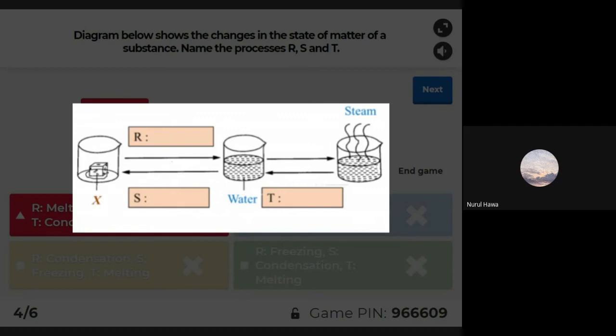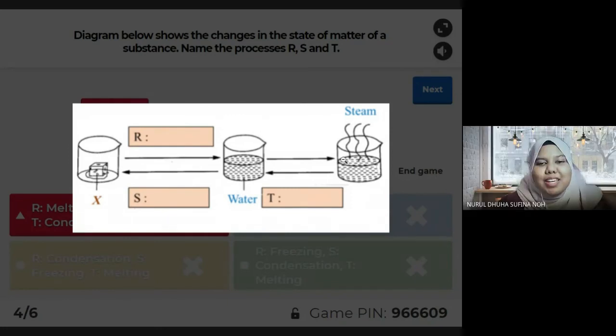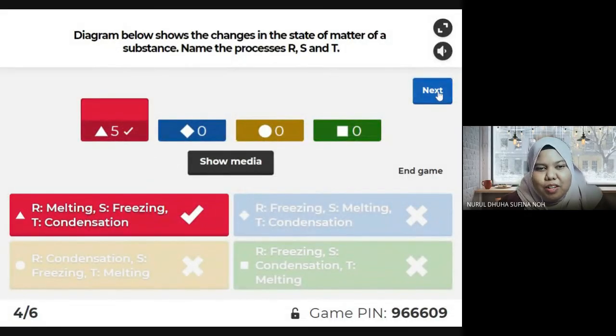So it is the melting process. While T, we can see water vapor turn to liquid, so it is the condensation process. While S, we can see that water turns to solid, and that is the freezing process. Okay, good job. Thank you, Hawa.